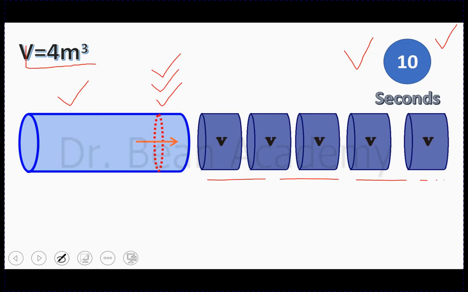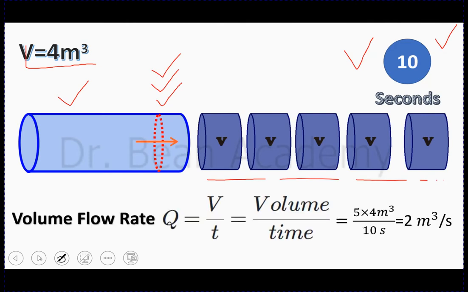Now I want to calculate the volume flow rate. What is that? As we know, volume flow rate is represented with Q. It is volume over time. Now the volume is 5 times 4 meter cube, because each of these is 4 meter cube.